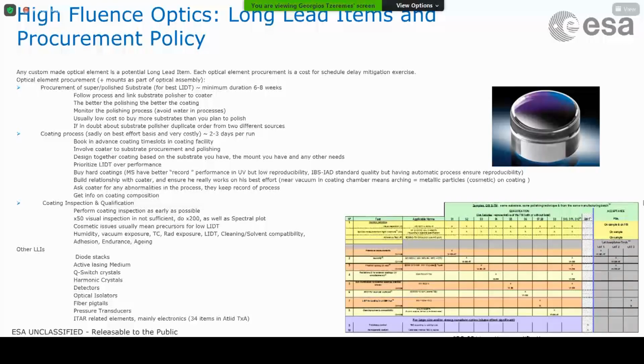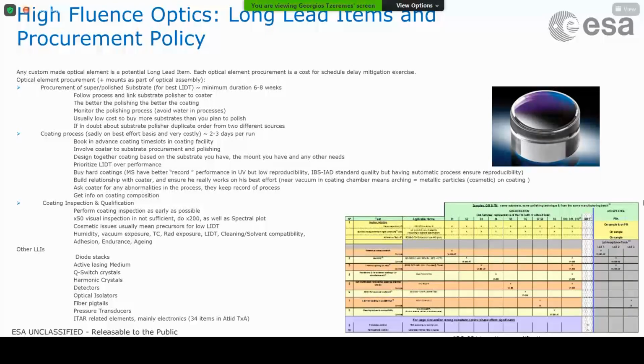Almost all our space LiDARs have been suffering from delays caused by the long lead items for space optics. Typically, we lose 6 months for every coating batch that goes bad. It induces a 6-month delay on the mission.